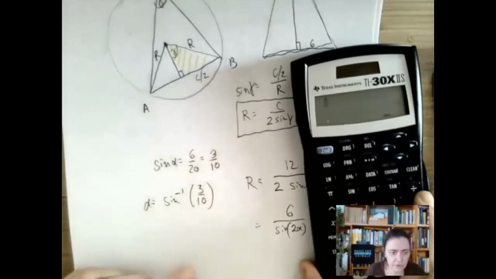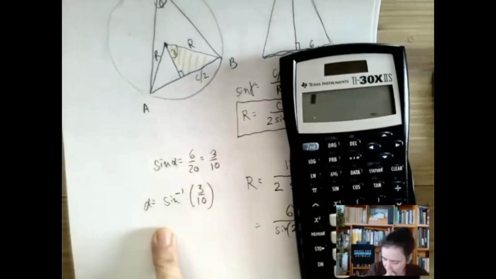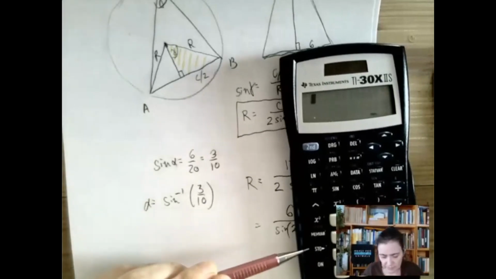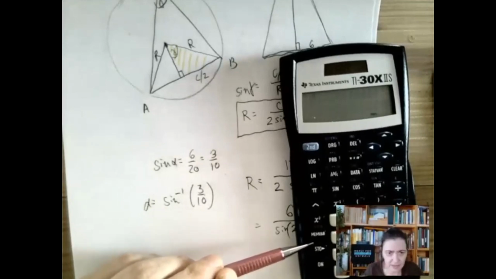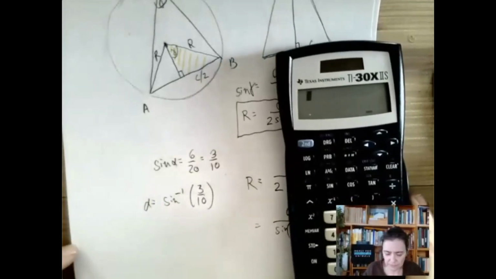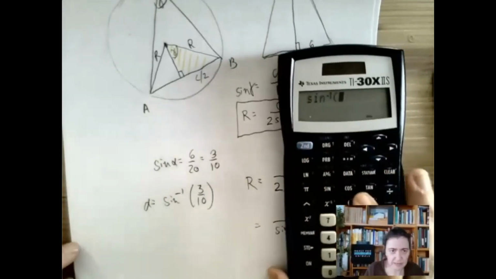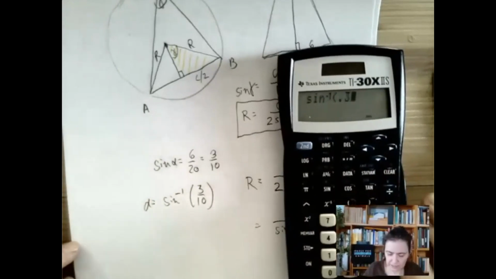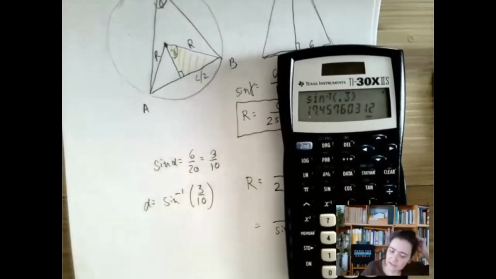So we're going to first compute that alpha, and then we're going to store it. This button here, the white letters, STO, stands for store, and RCL with light blue is for recall. So we're going to say second sine 0.3, 17 degrees.